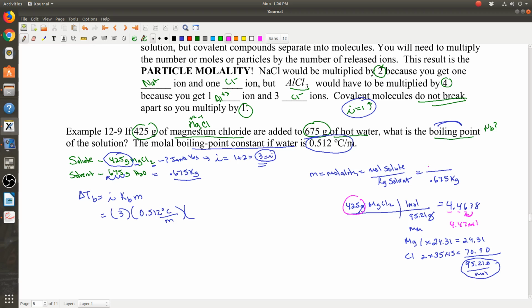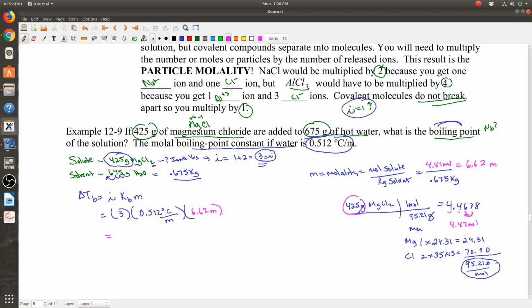Now I can calculate the molality: the number of moles divided by the kilograms. 4.47 divided by 0.675 kilograms, I got 6.62. And the sig figs are right. 6.62 little m for molality.